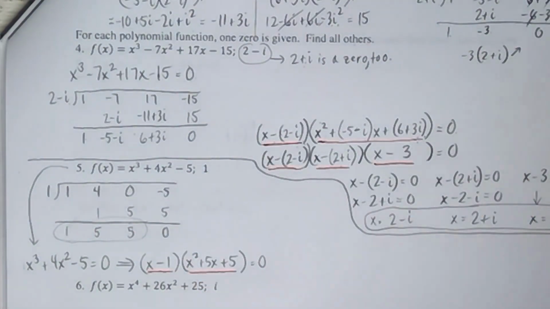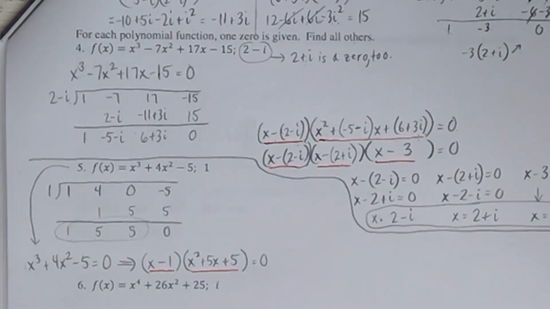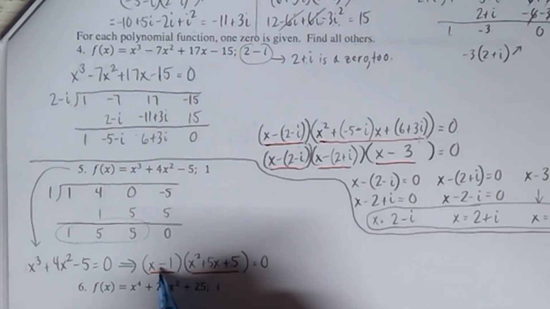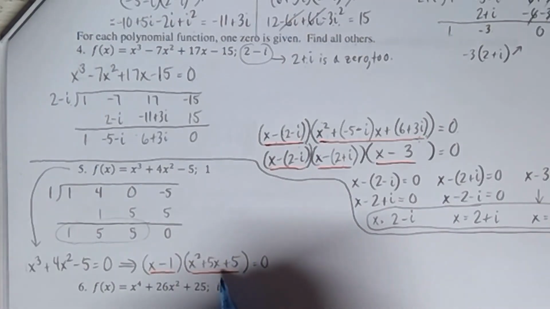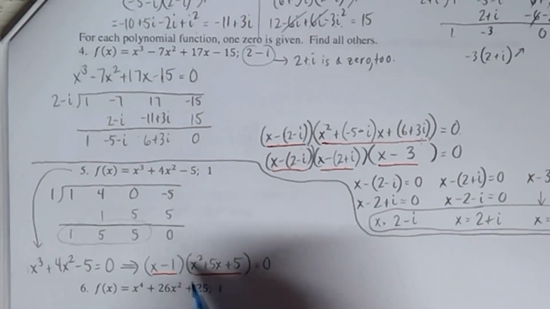As I promised you, when they're asking for the zeros, they're not asking you, like in the first 3 problems, to break it down to all linear factors. If they just want you to find the zeros, you just need to get down to where you have just linear and quadratic factors. In other words, you can't have x to the third anymore, but each factor is either linear or quadratic.